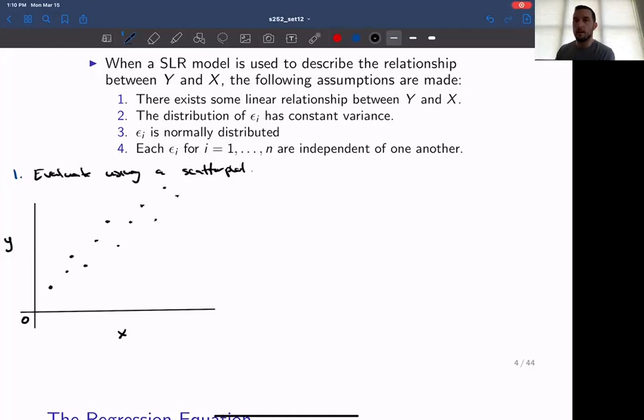And basically what we're asking is, if I was to put a line through these values, would that be reasonable? Does it appear like the relationship between x and y is in fact linear? So this would be an illustration of a data set where fitting a straight line would be reasonable, because you can see that as X increases, Y increases following a straight line relationship.